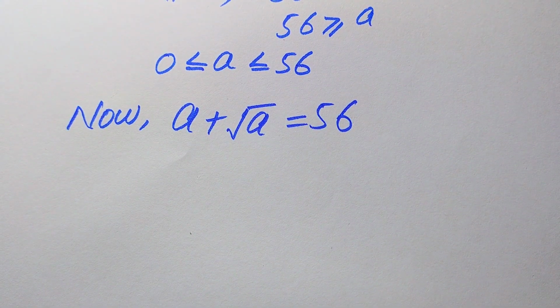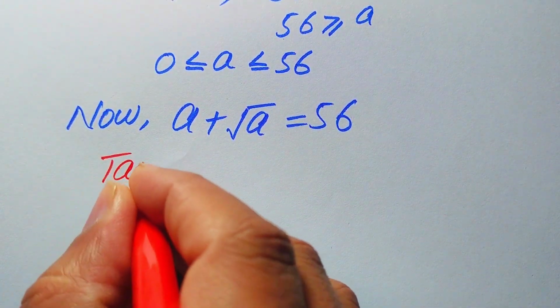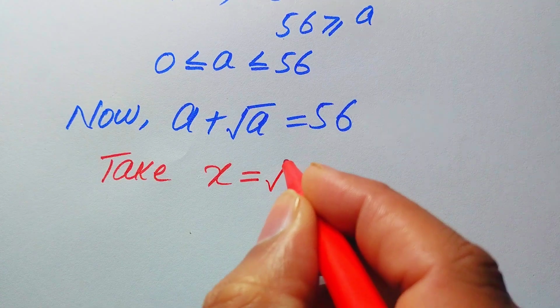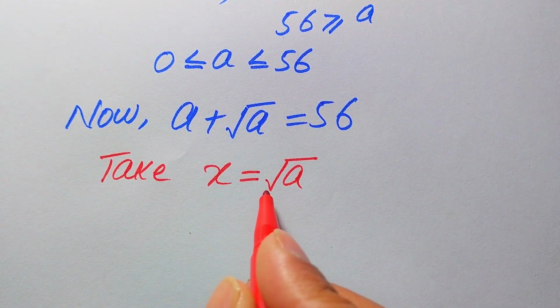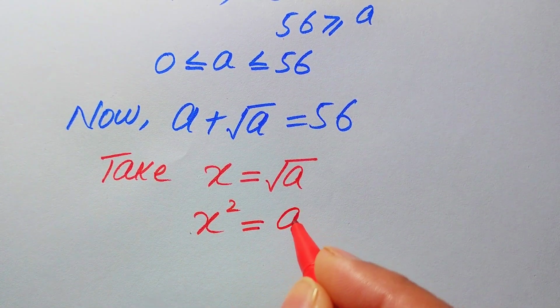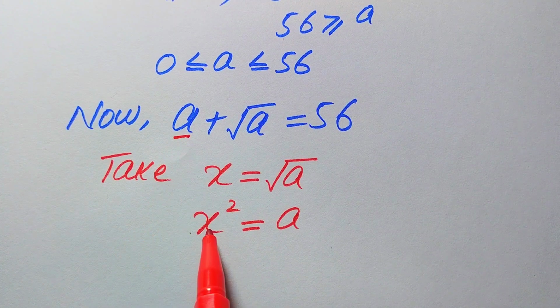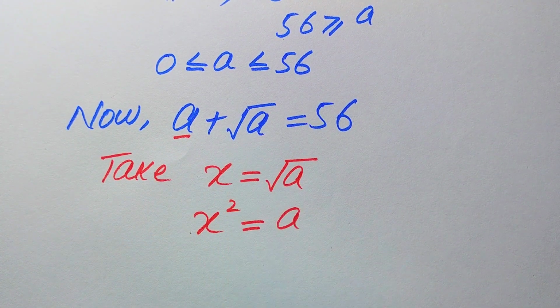And now the very first step we are going to do is to take the square root term equals to x. So we substitute x is equals to square root of a, and when we square both sides we obtain x squared is equals to a.